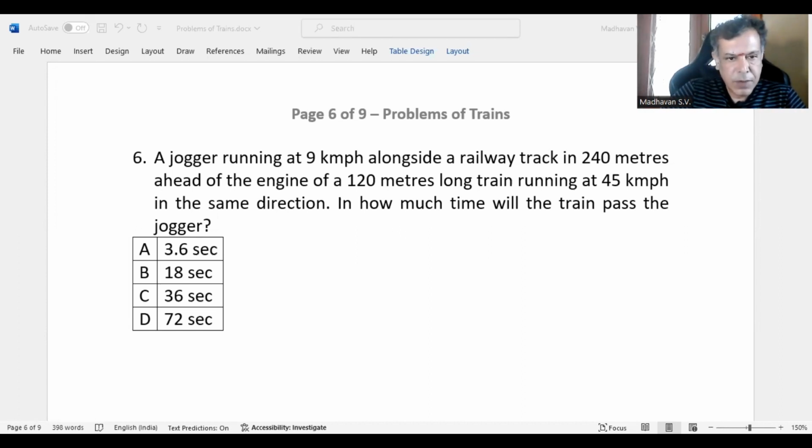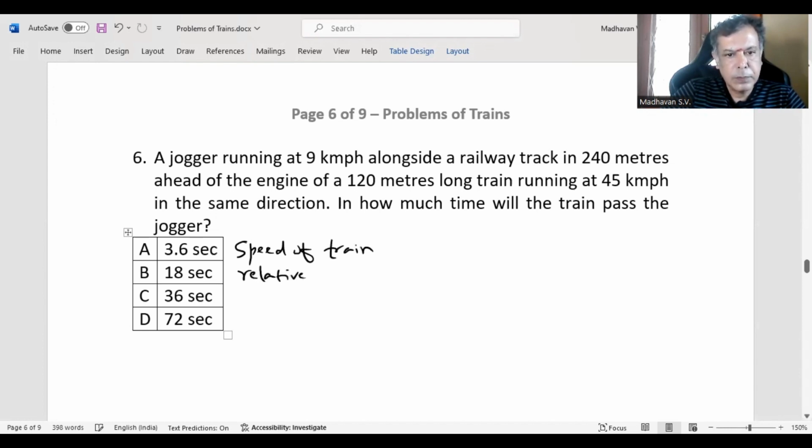So first we will start with identifying the relative speed of the train. Speed of train relative to jogger will be 45 minus 9 kilometer per hour, which is 36 kilometer per hour.